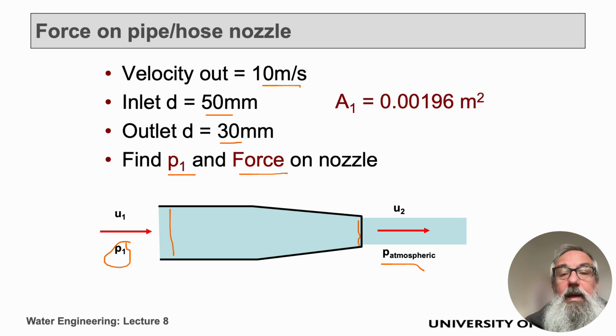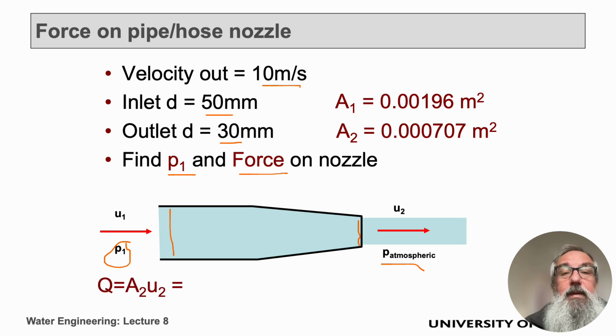Let's just calculate the areas. Okay, these are very small areas, so I've written them with 3 significant figures. Let's work out what flow rate we have. It's just area times velocity. Now we know velocity u2, so we use u2.